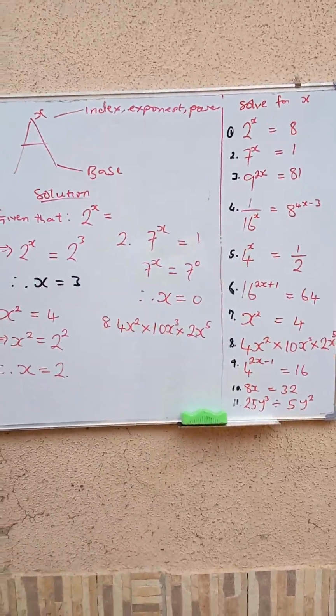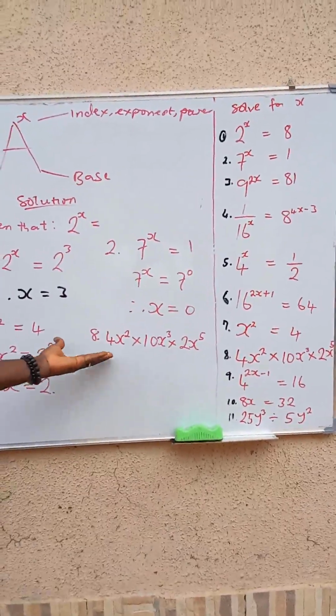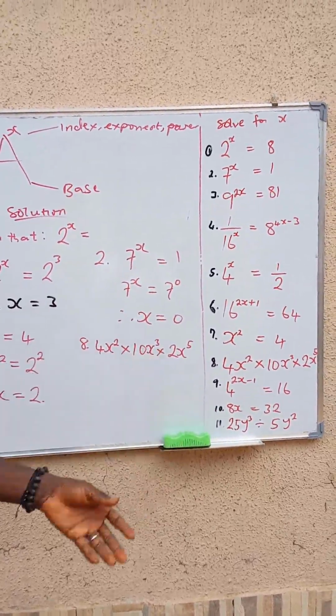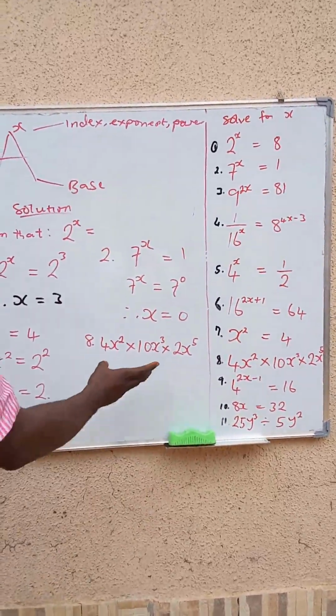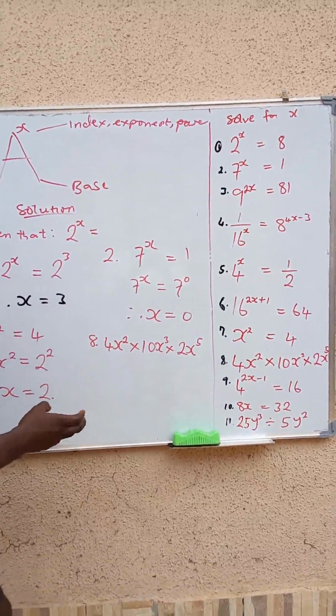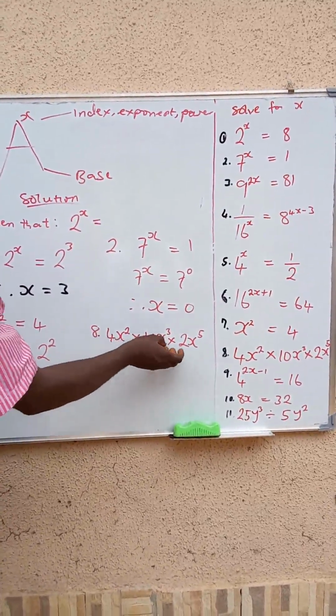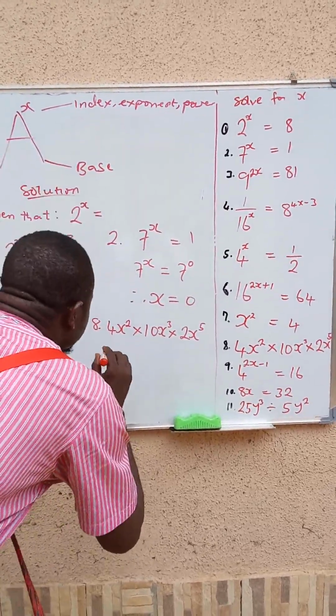Now, this is the multiplication law. In this case, what they want you to do is to arrange them. See the x, see the x, see the x. Then this one is the numbers. Let me bring the numbers together.